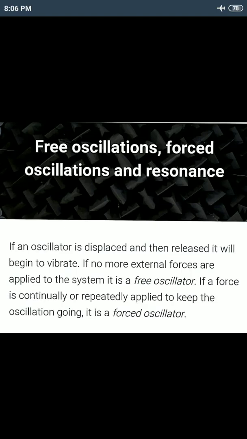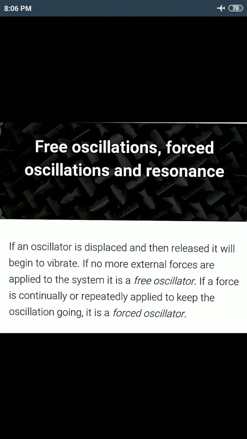So we can say that when a body oscillates under the influence of an external periodic force, not with its own natural frequency but with the frequency of the external periodic force, that type of oscillation is said to be forced oscillation.